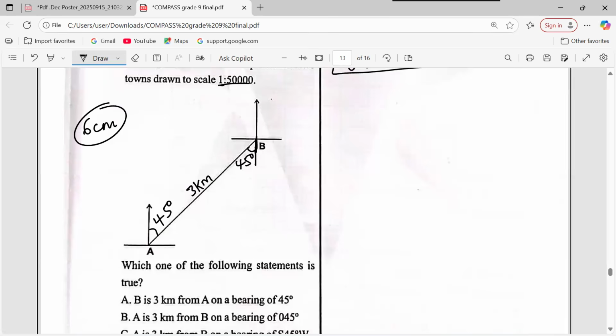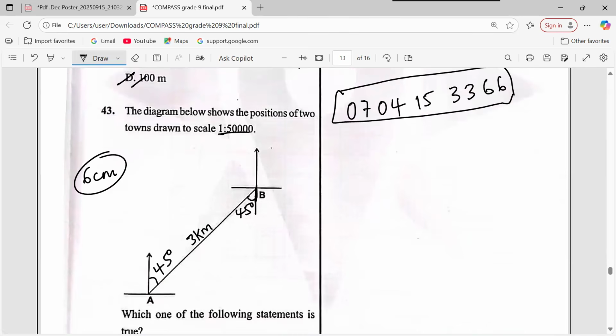Then you'll be asking yourself if 1 centimeter represents, this is not kilometers yet, 0.5 kilometers on the ground, because 50,000 centimeters means 0.5 kilometers. What about 6 centimeters?